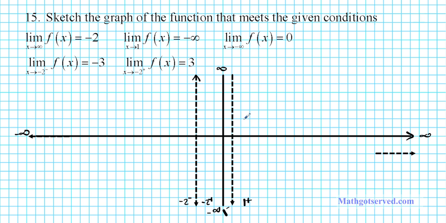So since the function tends towards -infinity as x approaches 1 from both sides, I'm going to put a portion of the graph here heading downwards towards -infinity, and then another portion here heading towards -infinity. We have a vertical asymptote somewhere here. Okay, so we have a vertical asymptote here and also there.